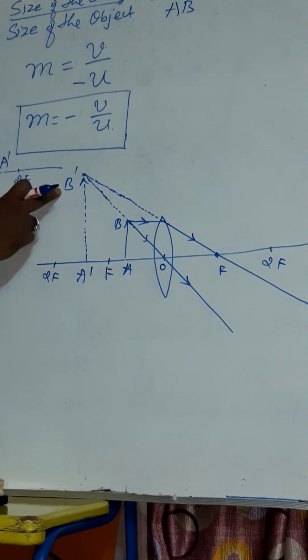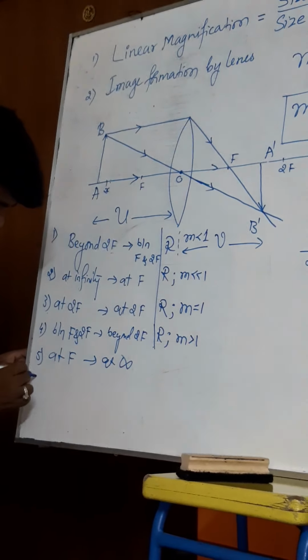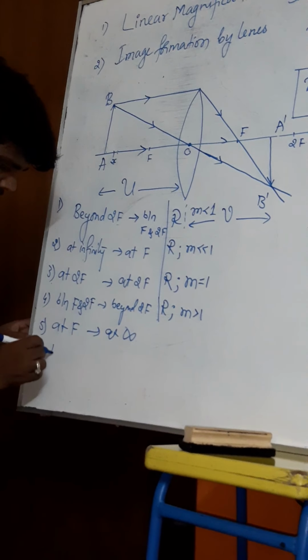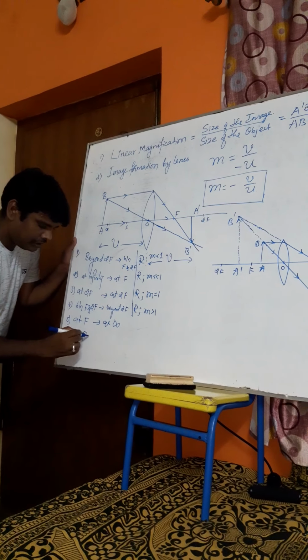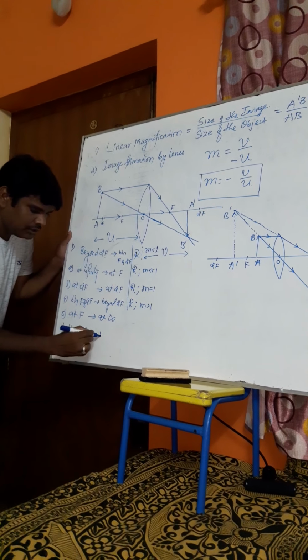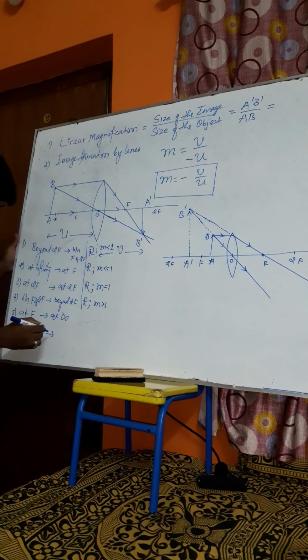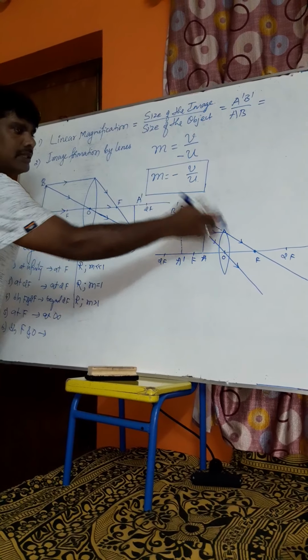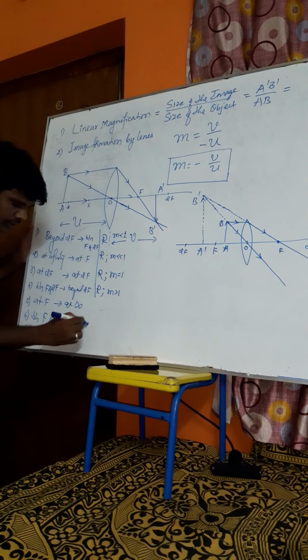So if the object is placed between f and the optic center, the image is formed behind the optic center, that is, behind the lens.